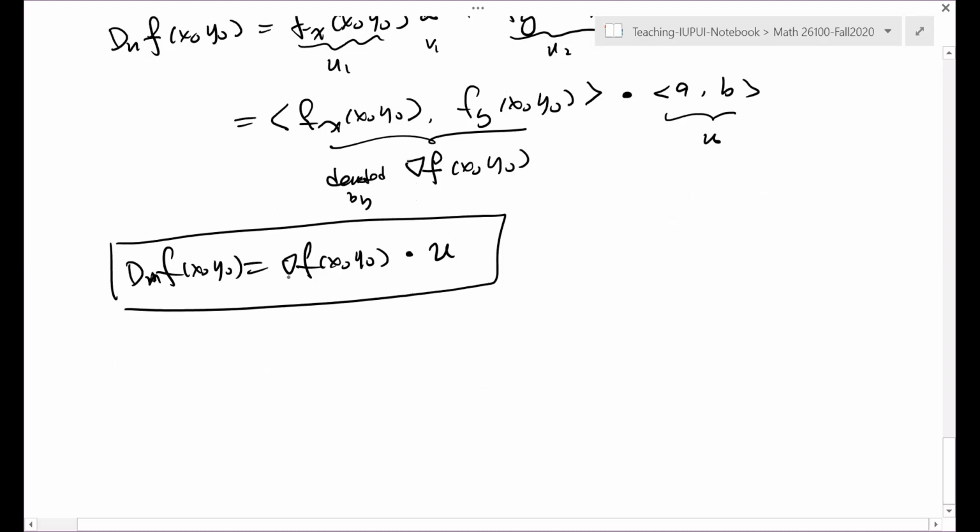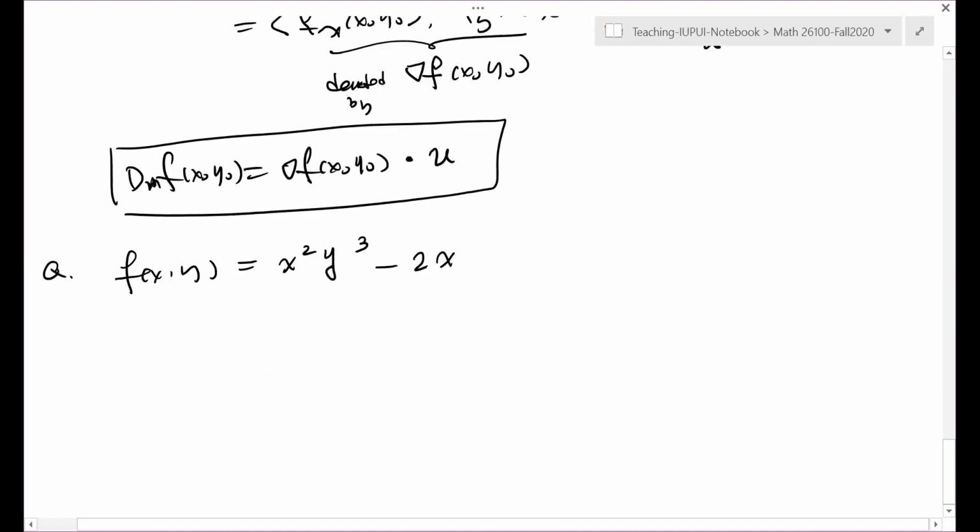So all I have to do is find the so-called gradient, then write down the dot product, and we get the directional derivative. Here's a function f of x and y: x squared y cubed minus 2x, for example.